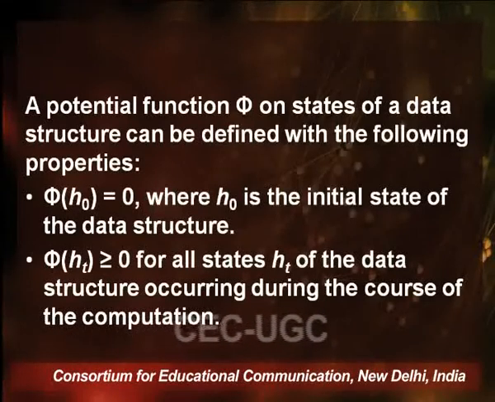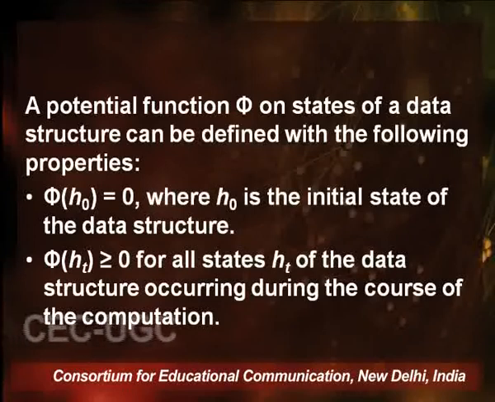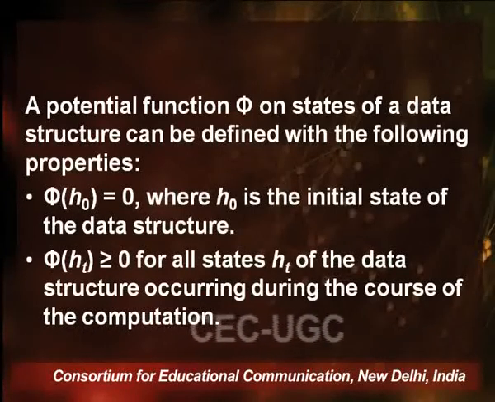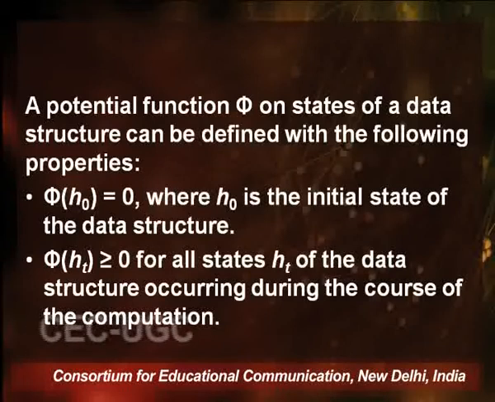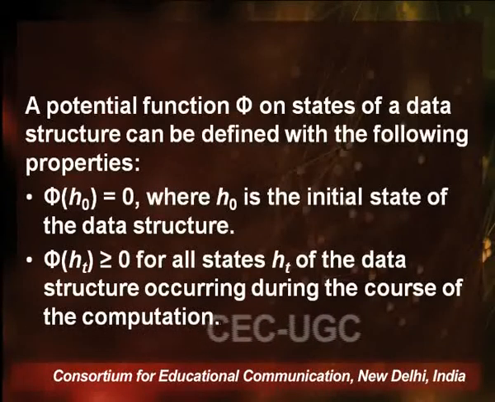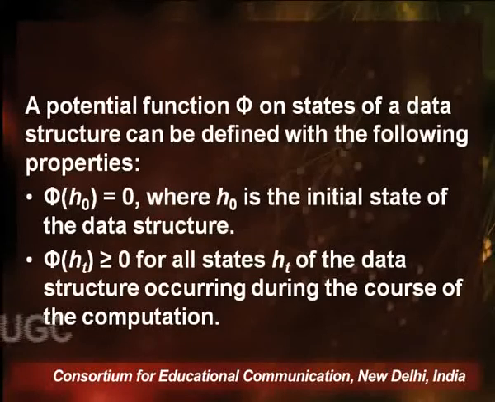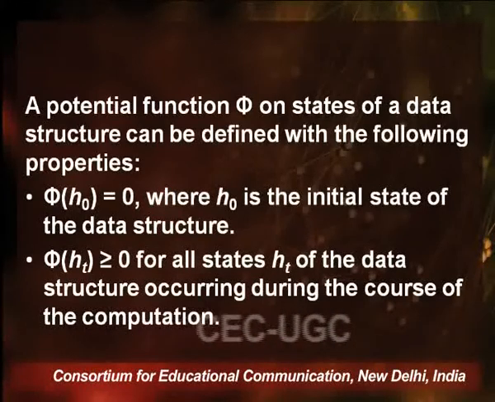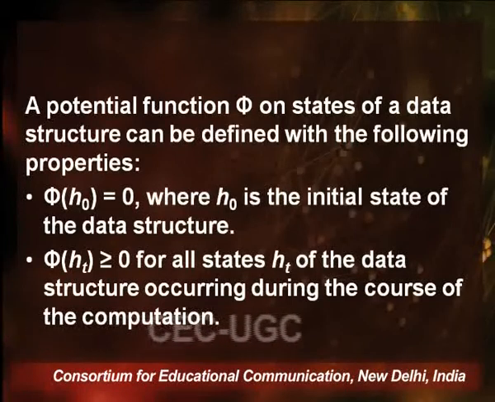Phi is the potential function, h0 represents the initial state of the data structure, and phi of h0 is equal to 0, which means in the initial state of the data structure the potential energy is 0. That is one point here.